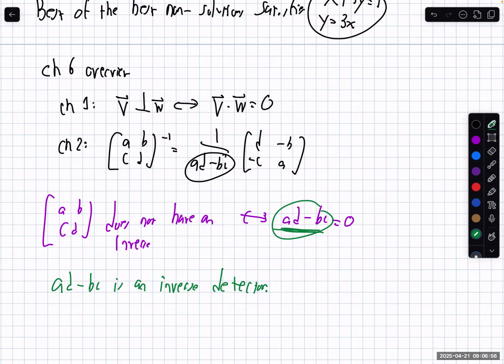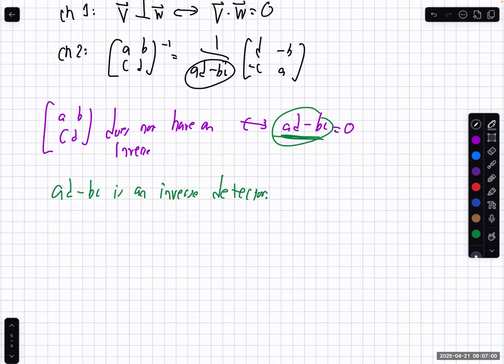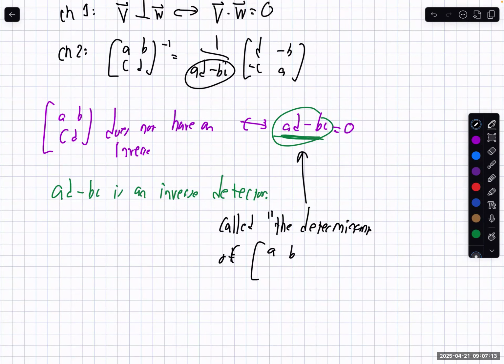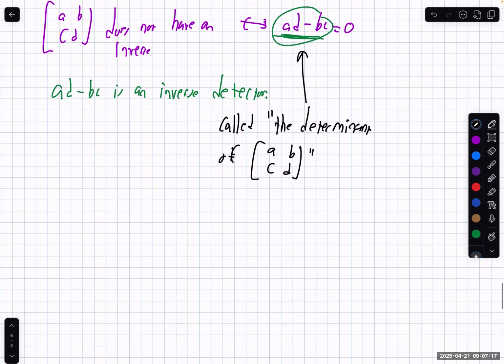If this number is not 0, then it does have an inverse. So we have a name for this quantity called the determinant of A, B, C, D.